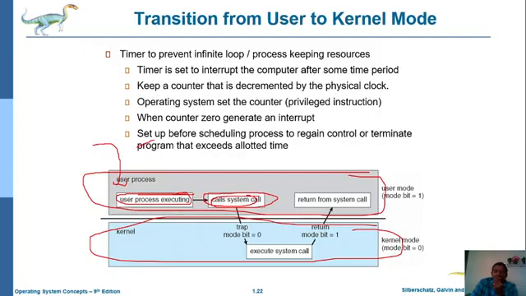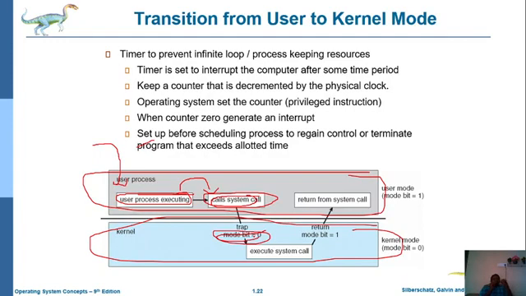Now this system call is responsible for transferring our required request to the kernel, to the operating system. For that purpose, it checks the value of the mode bit. If the mode bit value is 0, it immediately sends that interrupt signal.